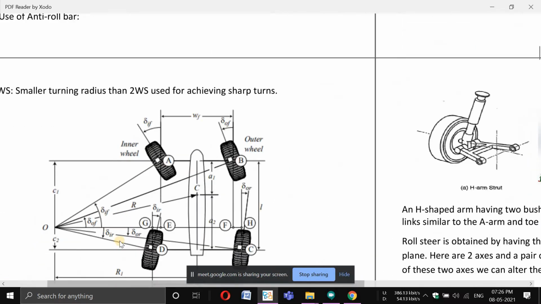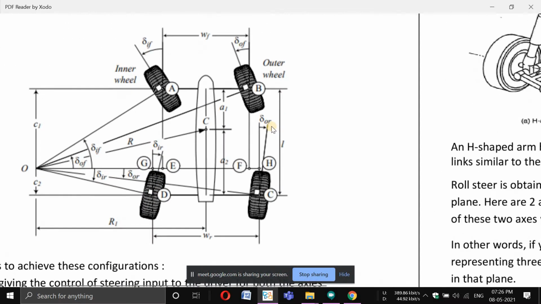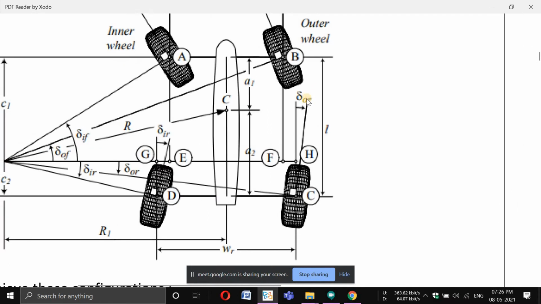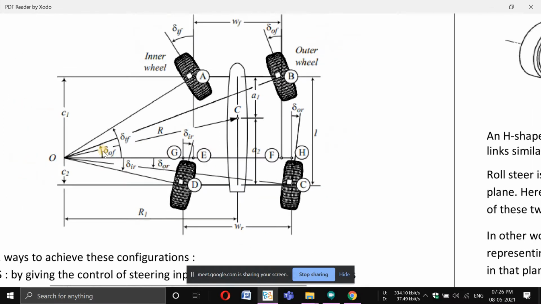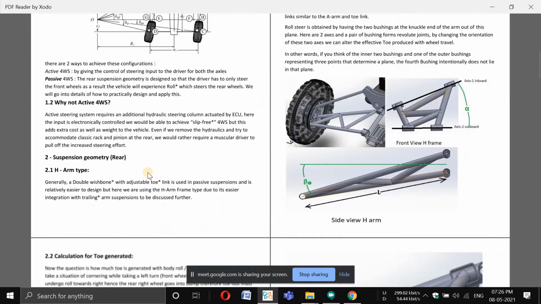And in this negative four wheel steering, which I have used, this angle, as you can see, delta outer, is the toe out, which I have generated through wheel travel. So this reduces the turning radius.